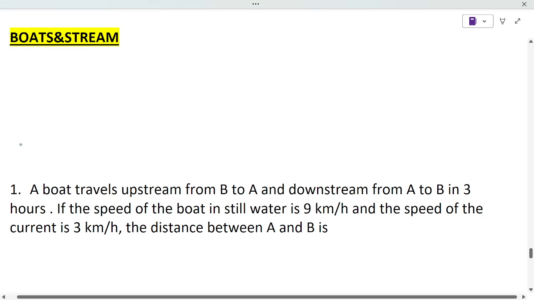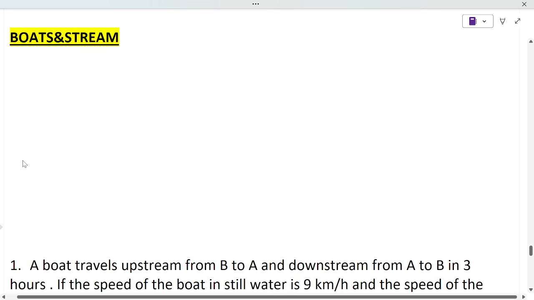Now we have come to Boat and Stream again. In Boat and Stream questions, you need to keep this in mind.